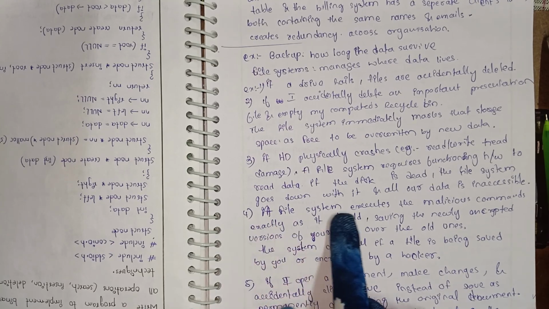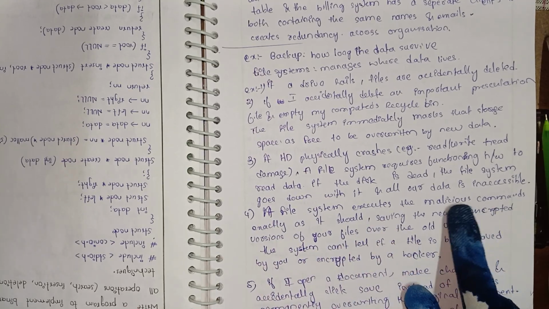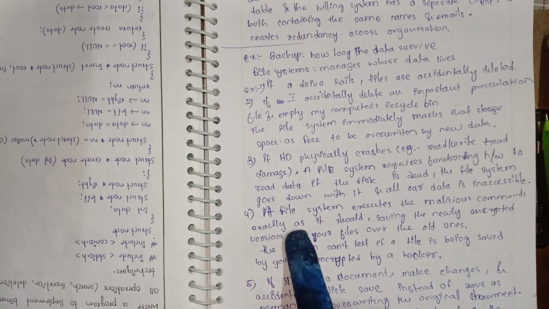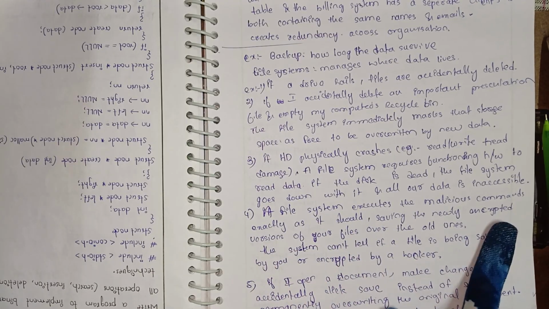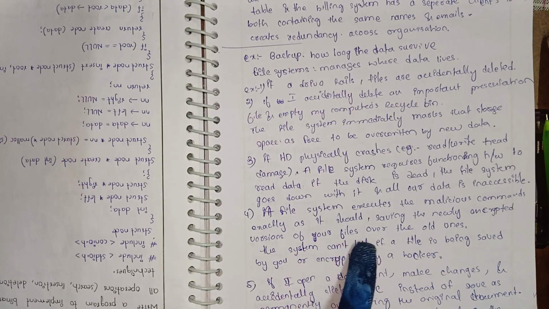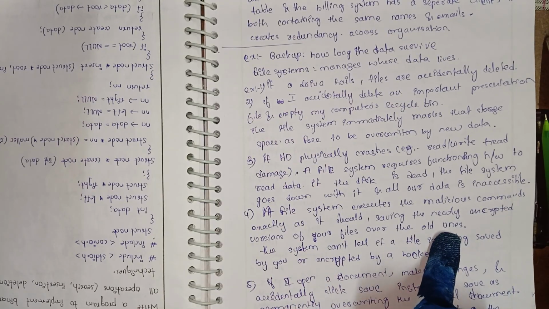For this, a file system executes the malicious commands exactly as it should, saving the newly encrypted versions of our files over the old ones.